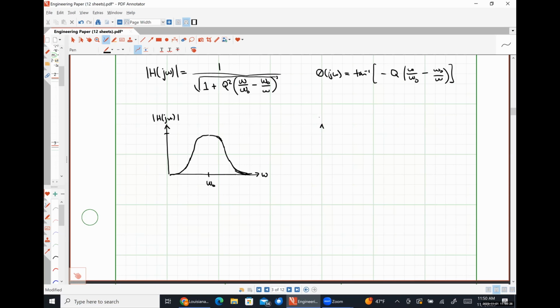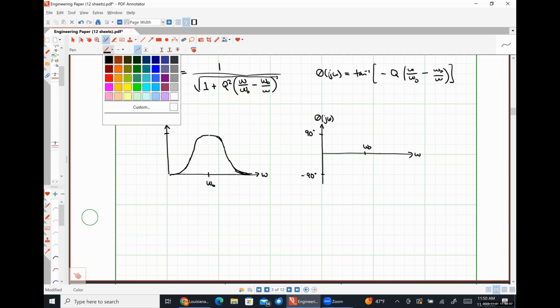And then over here, let's plot our phase response. So here's omega naught. This will be positive 90 degrees and negative 90 degrees like so.